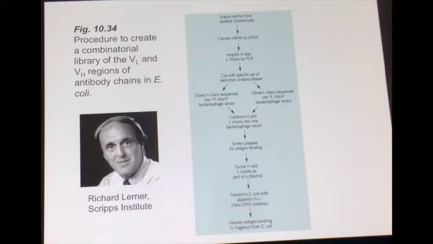They isolated the cDNA, or rather they made cDNA from the mRNA, and that's easy enough to do. Then they amplified the cDNAs, and they amplified them in two ways: first separately the heavy chains and then the light chains.